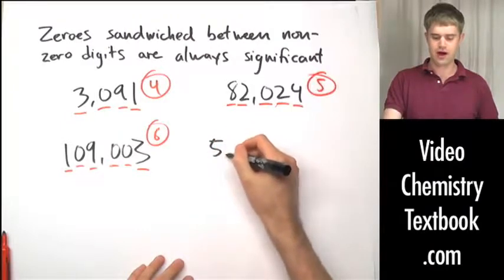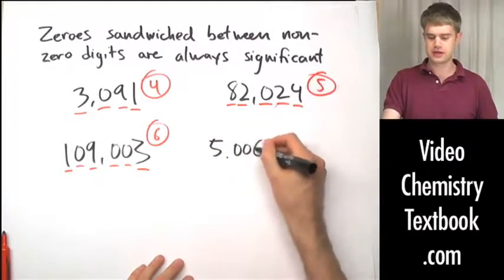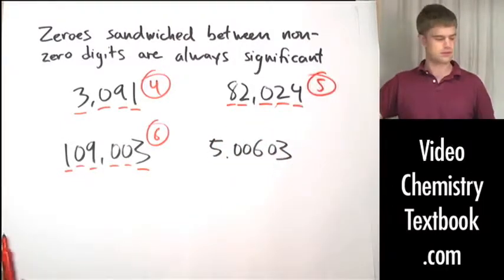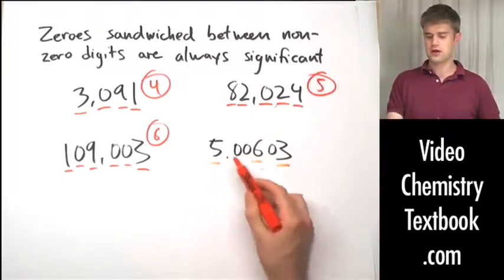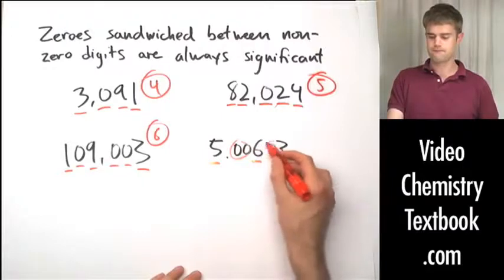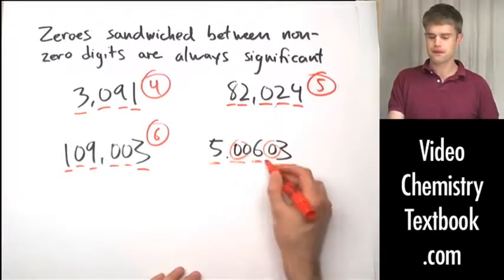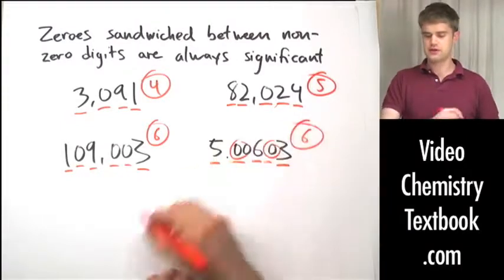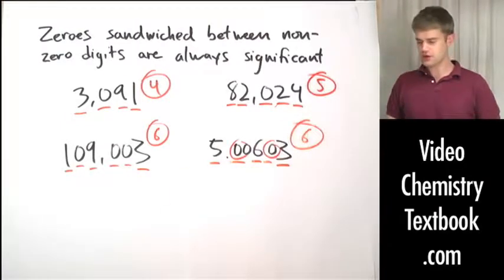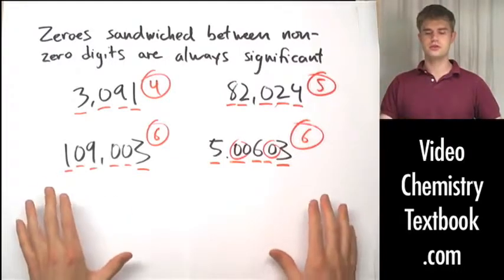So we can have 5.00603 or something like that. As long as we have these significant figures and the zeros are in between them, they're all going to be significant. This number has 6 significant figures. So that's our first rule: zeros sandwiched between non-zero digits are always significant.